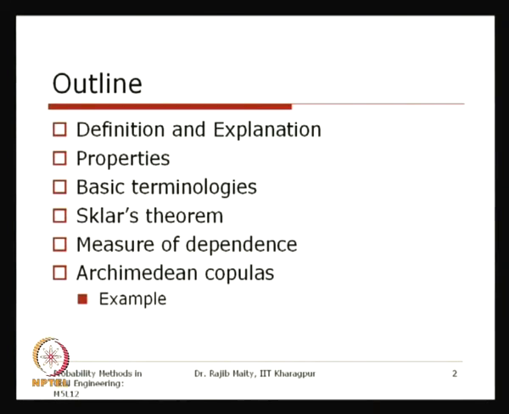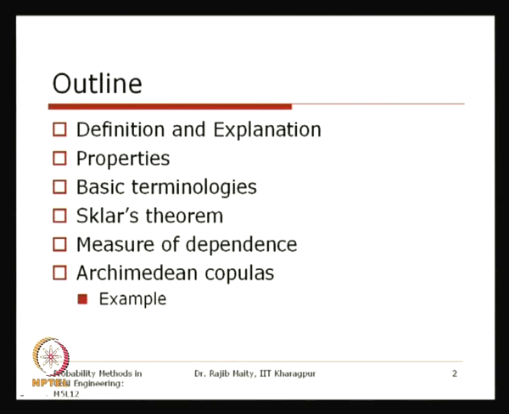So, if you see the outline of this lecture, in the last class we covered the definition and explanation of the theory of copula, and after that we discussed some of the properties that a function should satisfy to be a copula function.